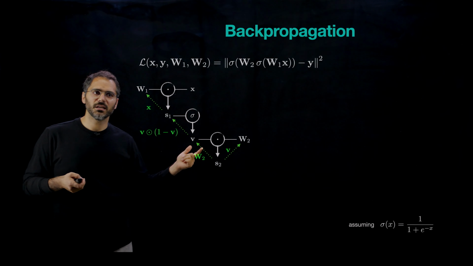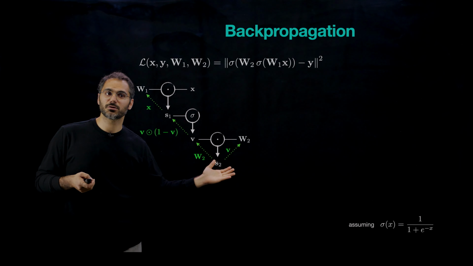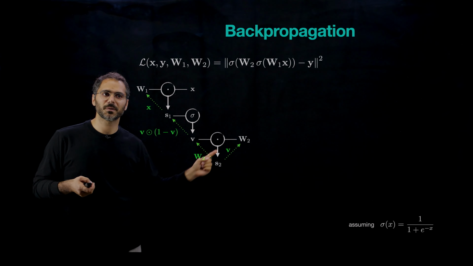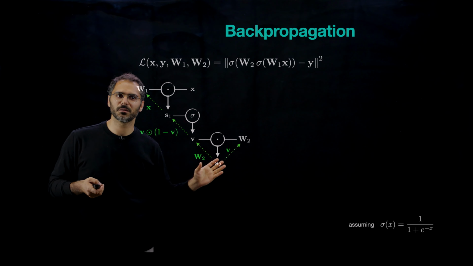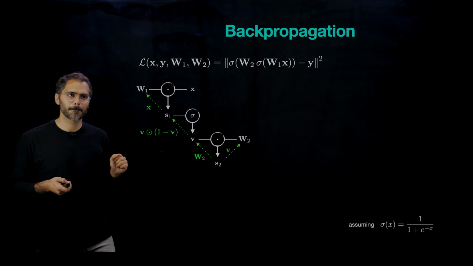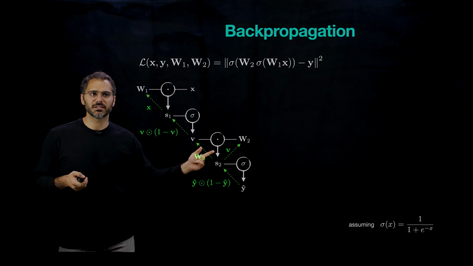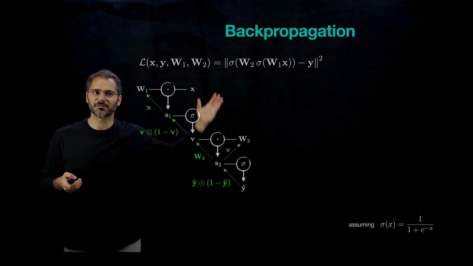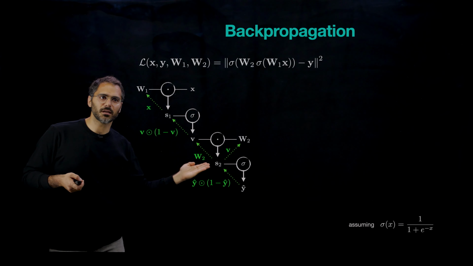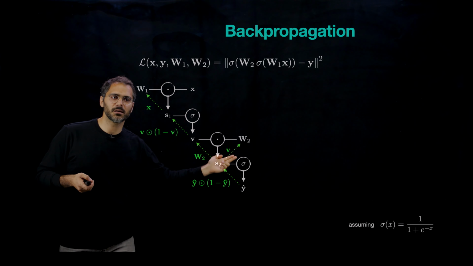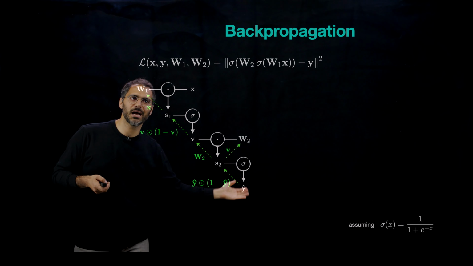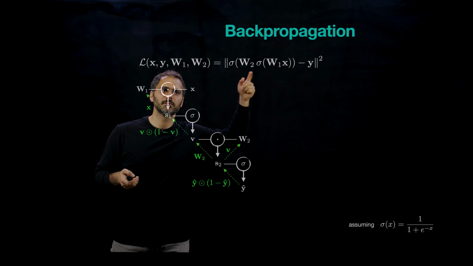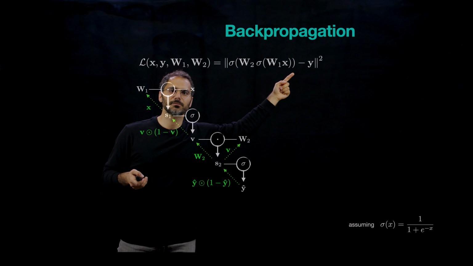Then I take this v, and I multiply it by w2, and I get s2. The gradient of s2 with respect to v and s2 with respect to w2 are given by w2 and v. You can keep doing that at every stage. Of course, what I'm doing is basically calculating this loss function at every stage. And s2 goes through sigma and gives me y hat. Now y hat is basically this prediction shown by this function.